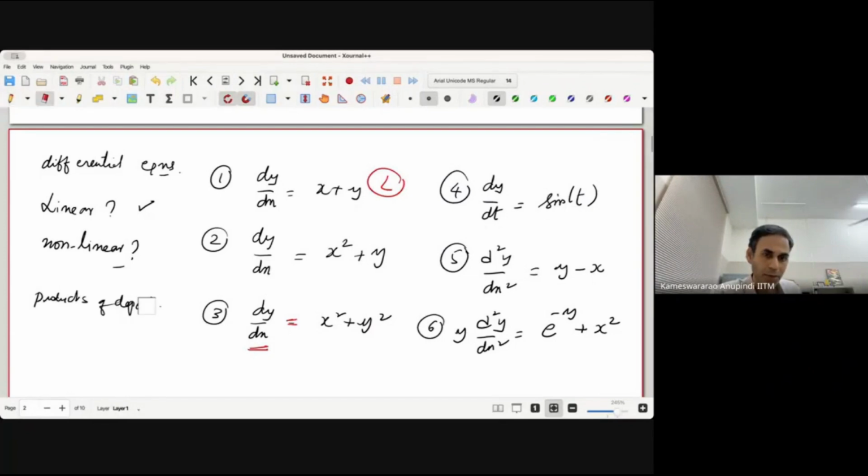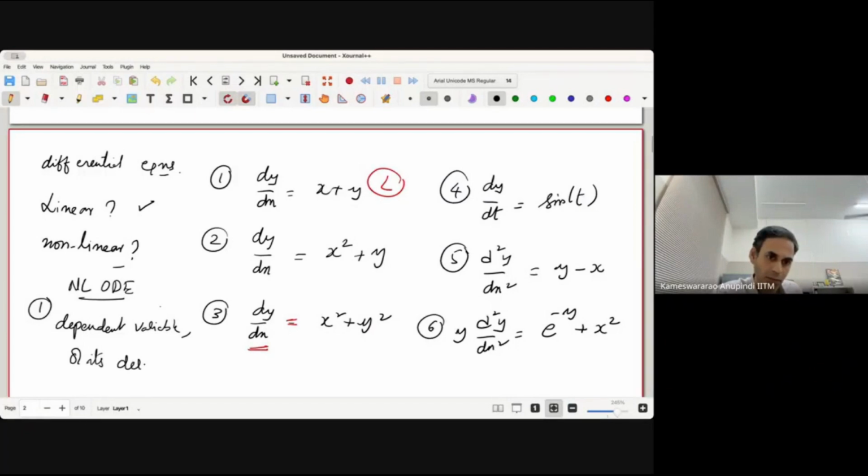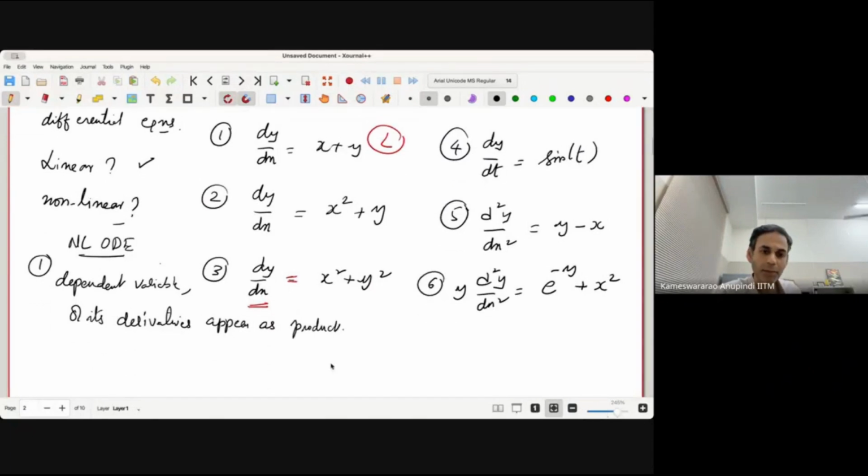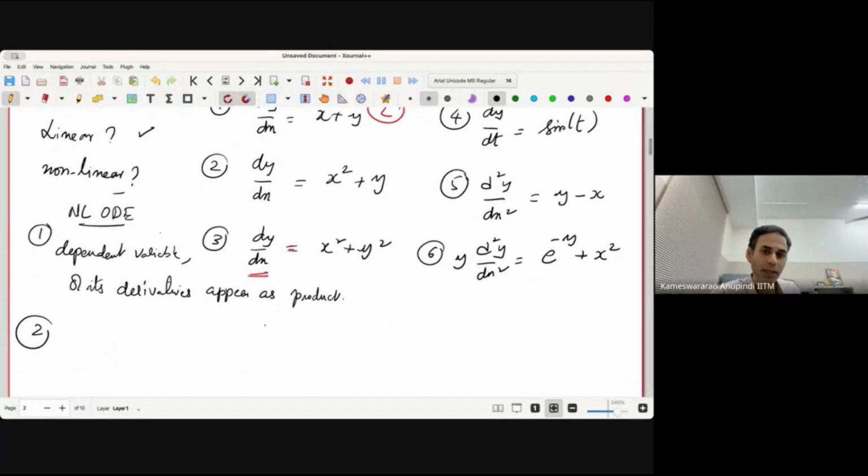We call something a nonlinear ODE if the dependent variable or its derivatives appear as products. That means the dependent variable is either multiplied with itself or multiplied with its derivatives and so on.